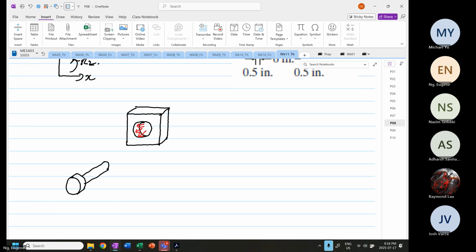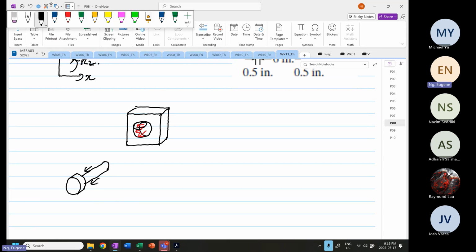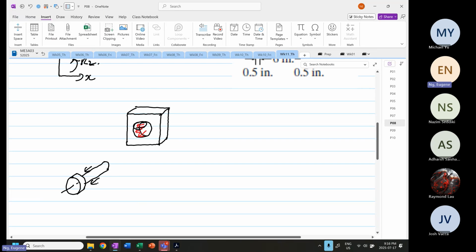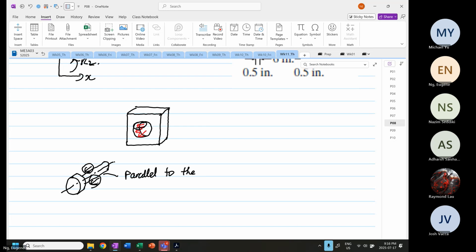If you look at this arrow, it is sliding in the direction relative to the fastener. So this sliding direction is parallel to the what? Parallel to the surface of the nail.